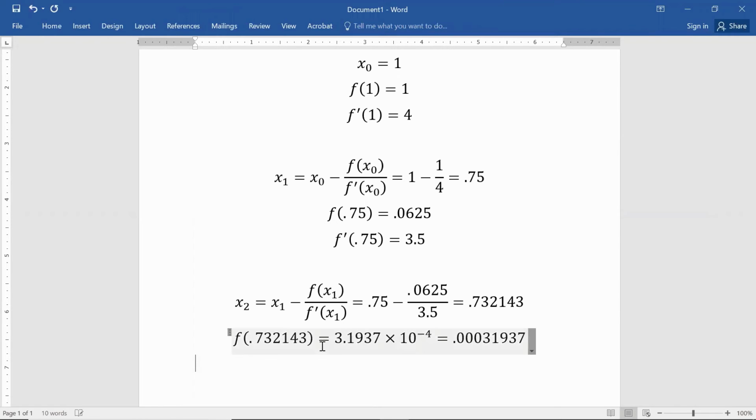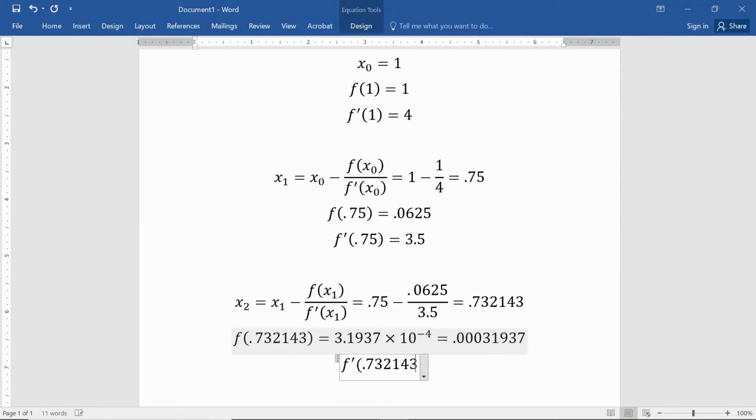Notice we're getting closer to 0 as our output. We started with our output being 1, and then we went down to 0.0625, and now we're down to 0.0003197.